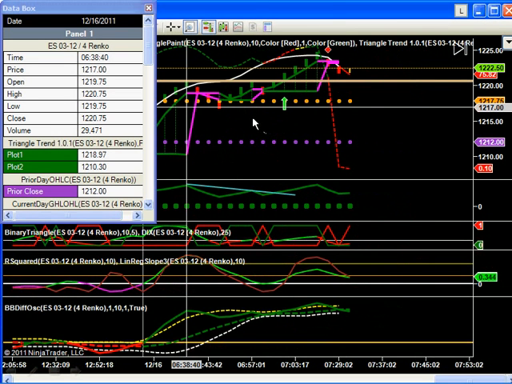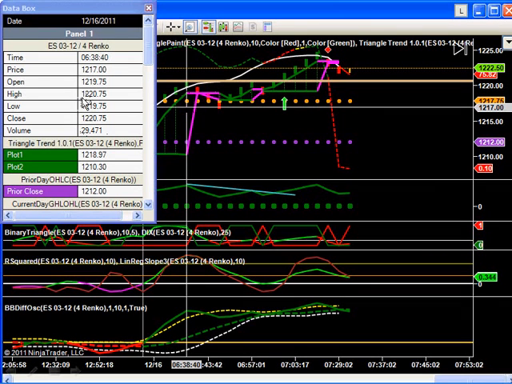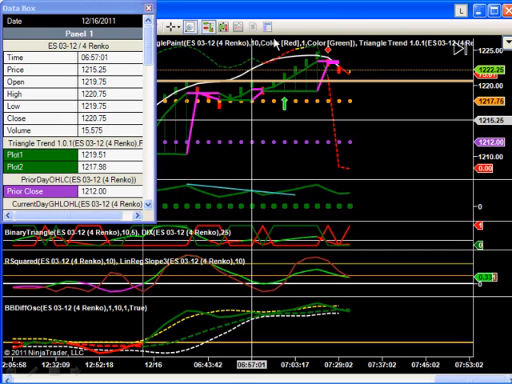Now this is that same chart, and you can see that right here the high was 1220.75, and right here that same high was 1220.75.